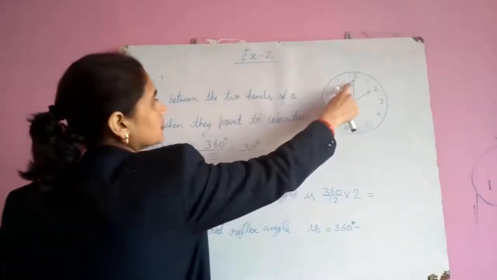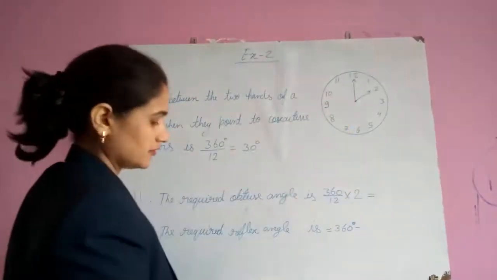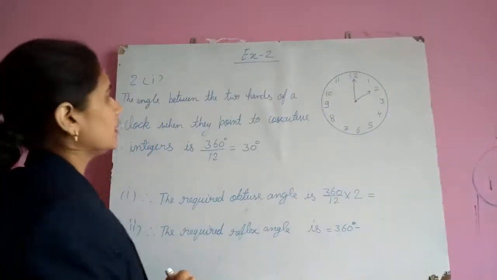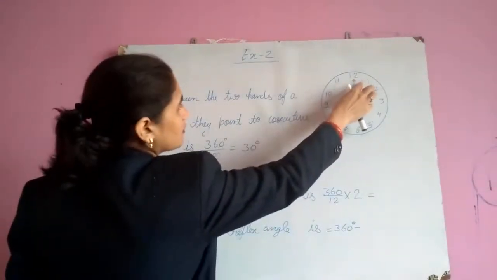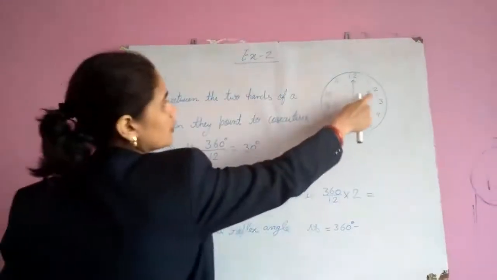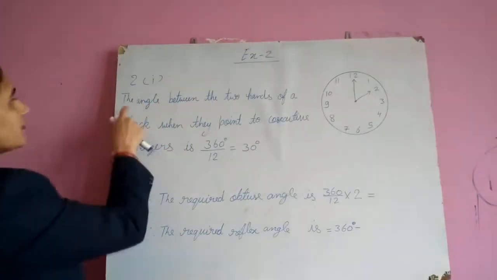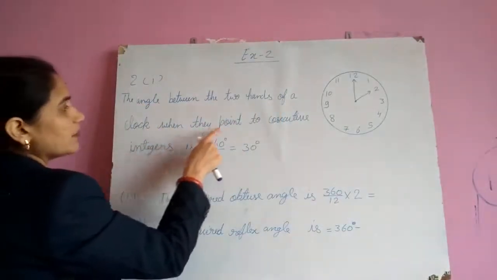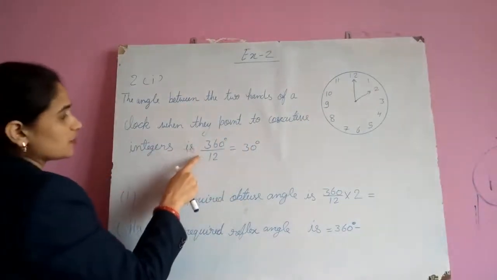A complete rotation of a hand generates 360 degrees, and we have to find the angle between two integers. These numbers, 1, 2, 3, 4, 5, 6, are integers. The angle between the two hands of a clock when they point to consecutive integers is 360 upon 12.